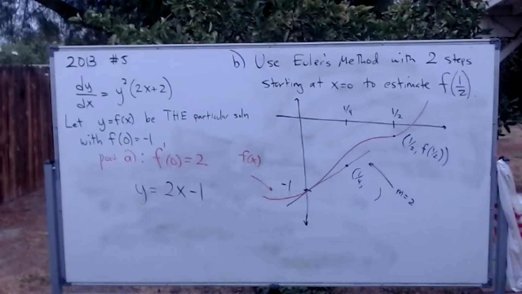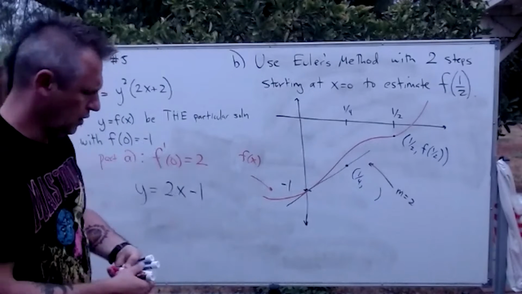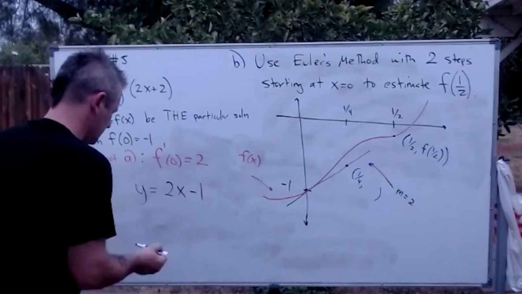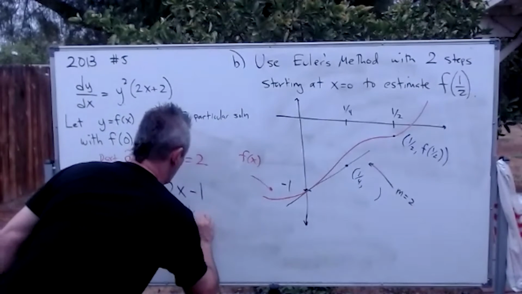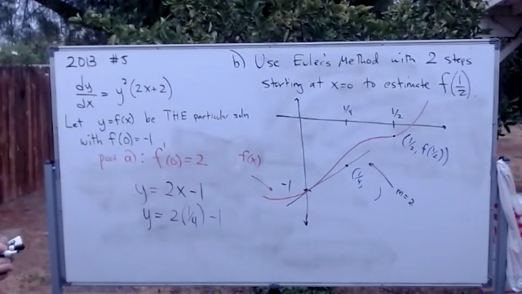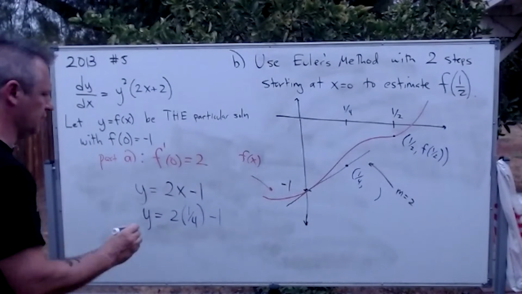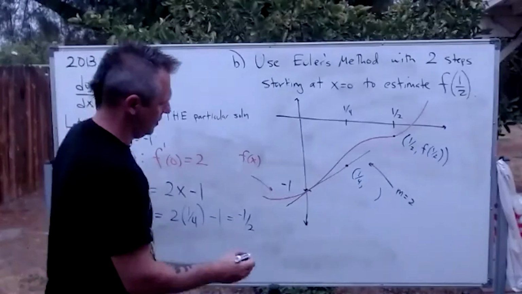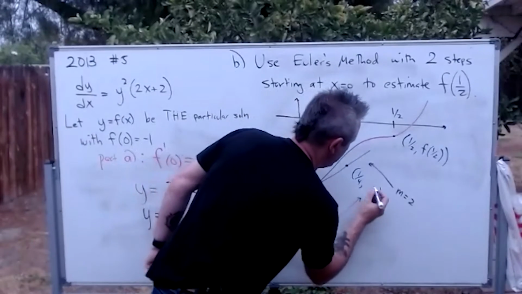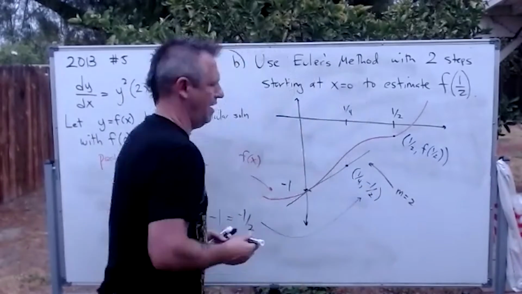We're plugging in x equals 1/4. So the y coordinate here is y equals 2 times 1/4 minus 1, which is -1/2. I see. So that means this point right here is at -1/2.